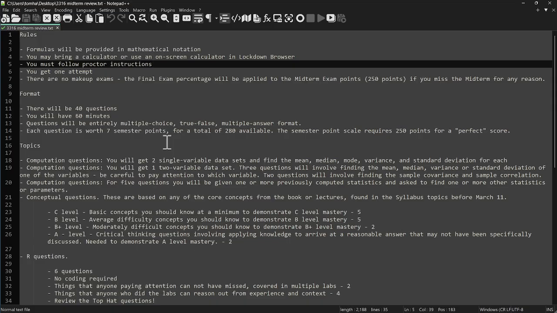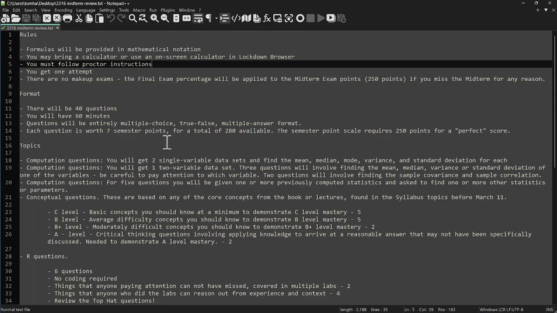But realize you are going to have some where you're going to be given something like the variance and told to find the standard deviation. It's actually a pretty simple problem, but if you know the process, for most of those you're not going to need formulas, but the formulas will be there to jog your memory. Then there are going to be conceptual problems.